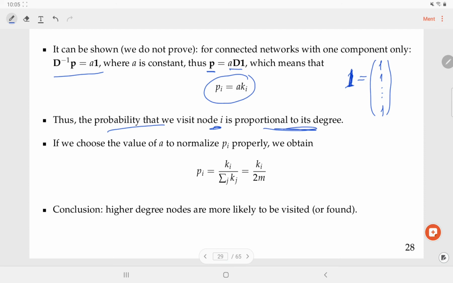This is just a normalization, so you can have a look at it if you want. The conclusion is a nice one: higher degree nodes are more likely to be visited or found, and we have even seen the derivation of it.